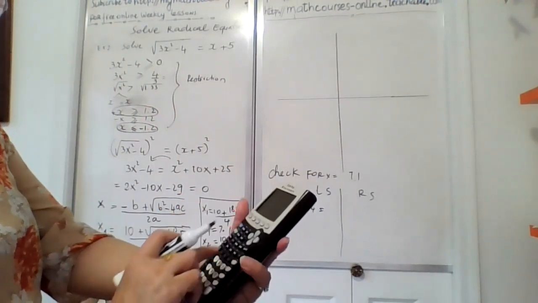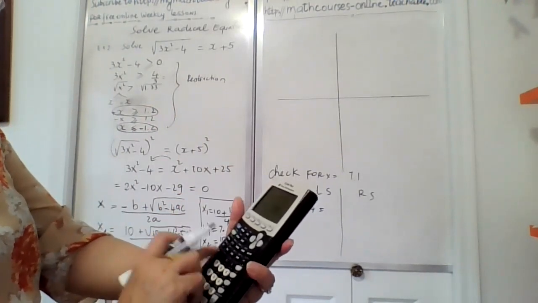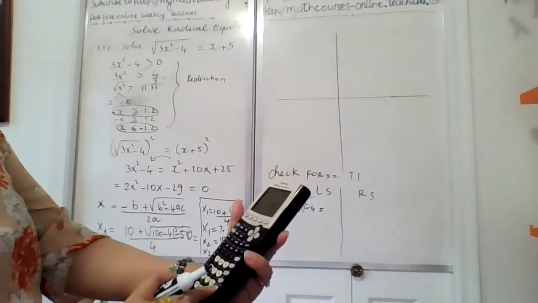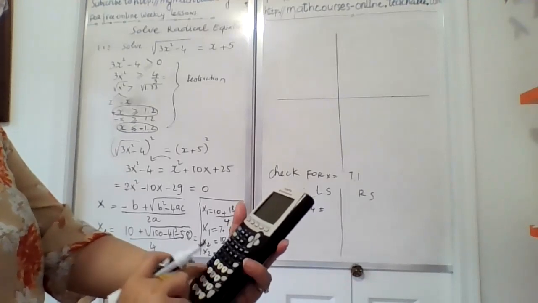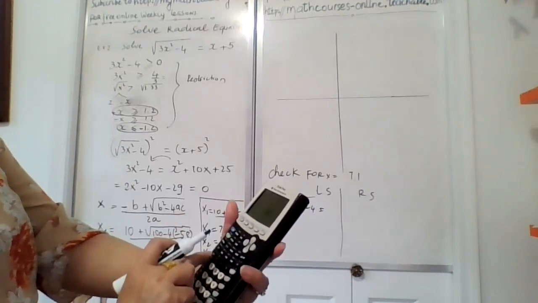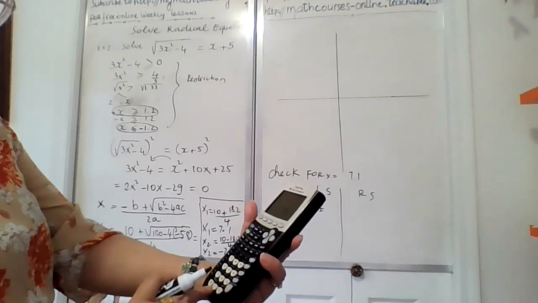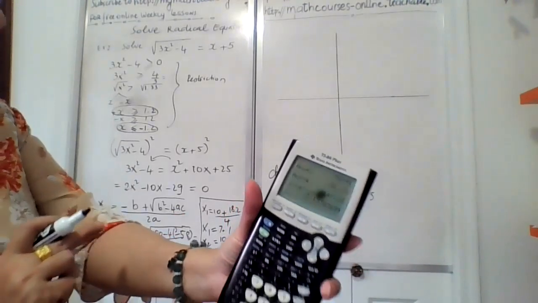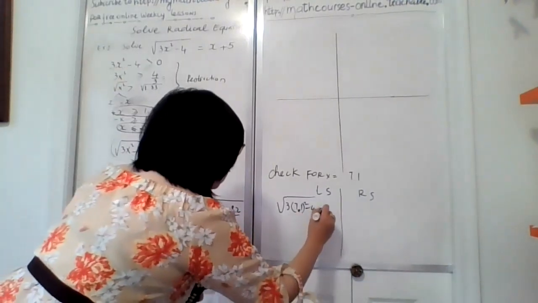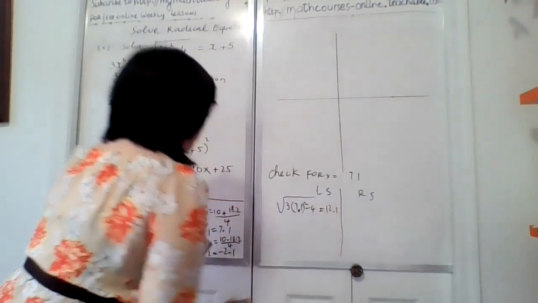Okay, so let me see. 7.1 squared times 3 minus 4. So take the square root of 147.23. Yes, 12.133. So the answer is 12.1.